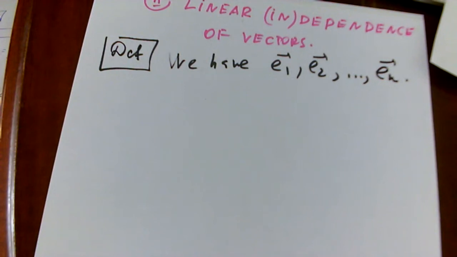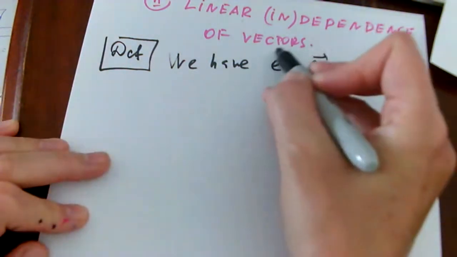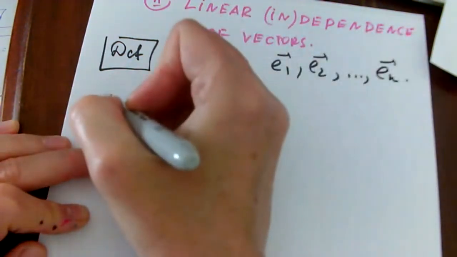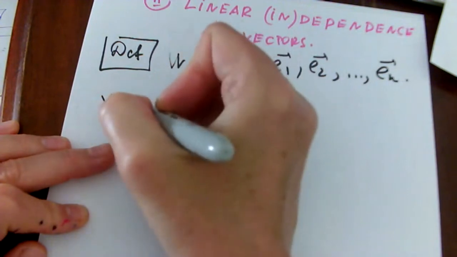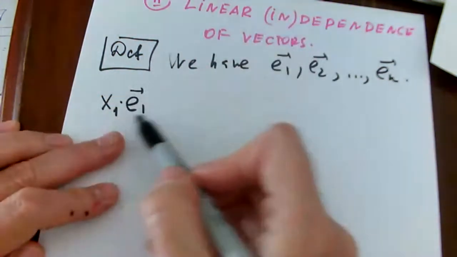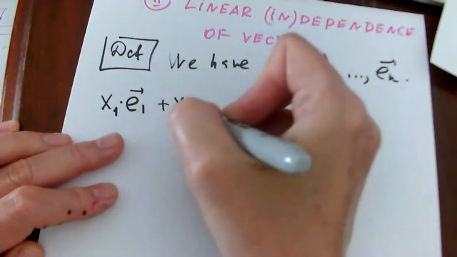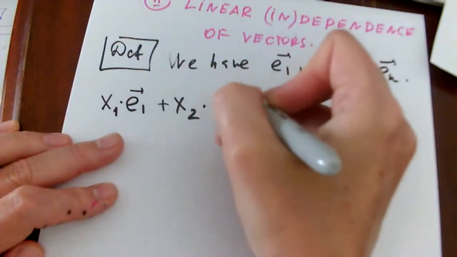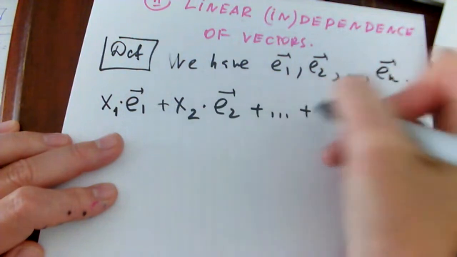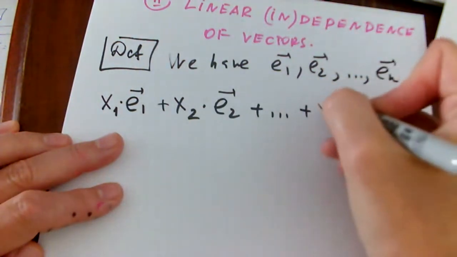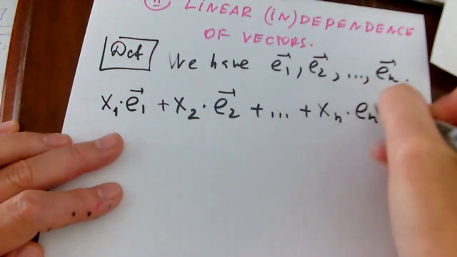We need to build an equation. Look at this. We take the first vector e1 and put coefficient x1 in front of it. So we'll get x1 times e1. Then the next vector gets coefficient x2 in front of it, e2, plus and so on. And the same for the last term, xn times en.